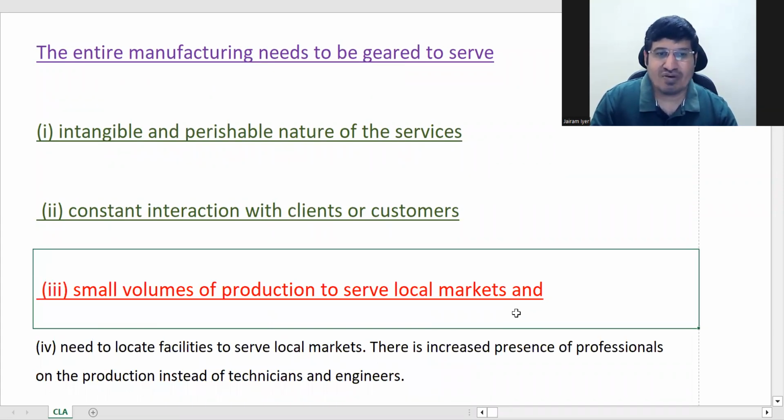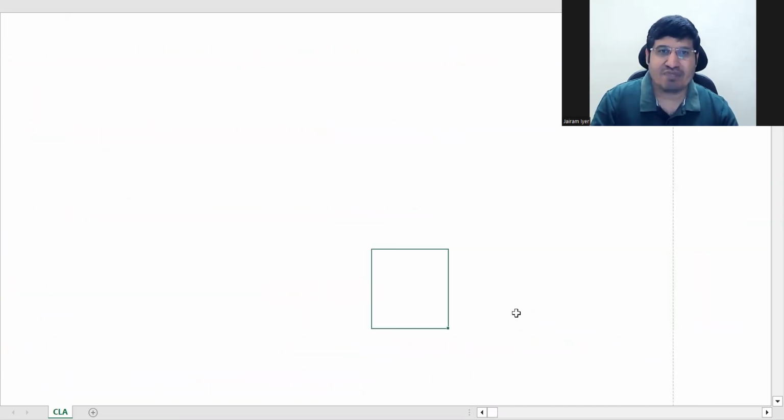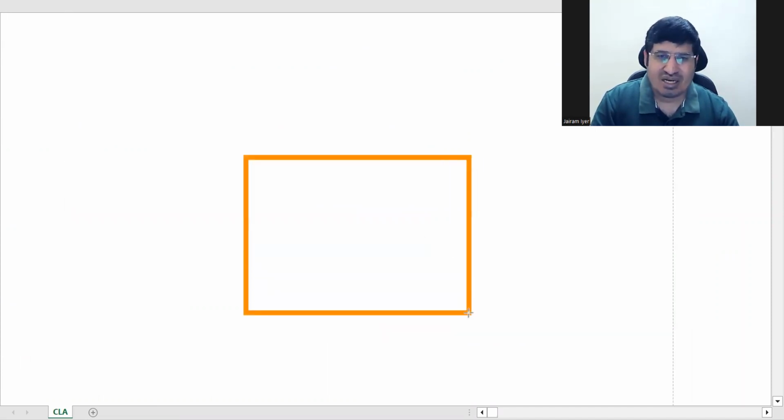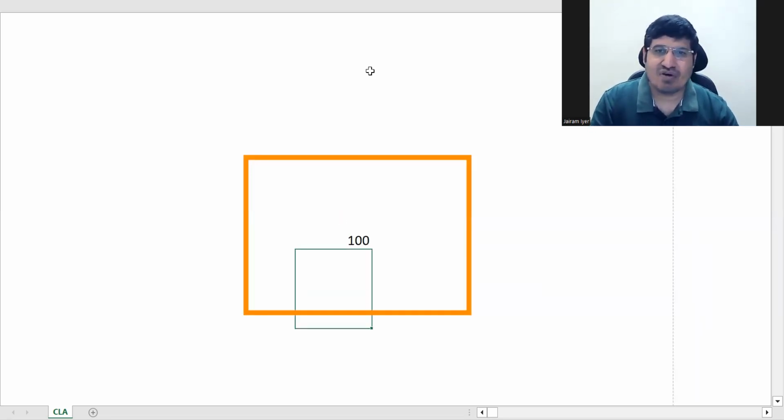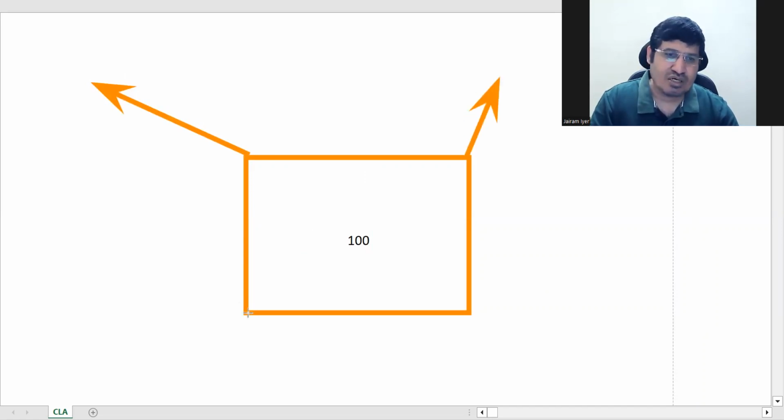So one thing here is small volumes to serve local markets. Say I'm investing in my factory, let me take 100 as a small figure. I am investing 100, and then whatever I manufacture, I send out to various customers, 1, 2, 3, 4.